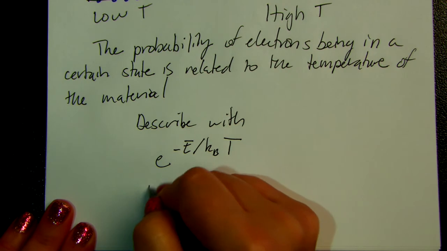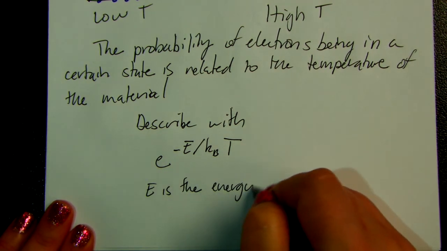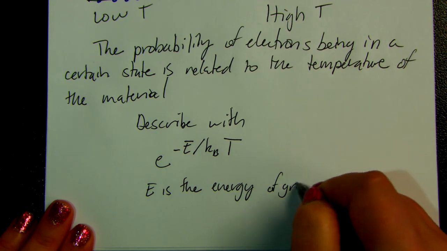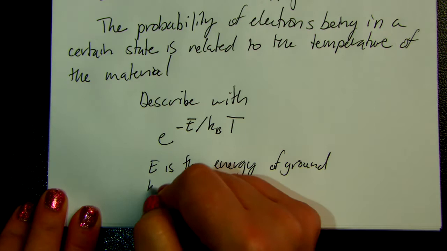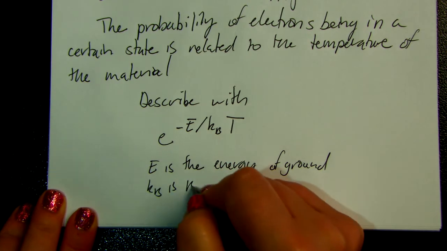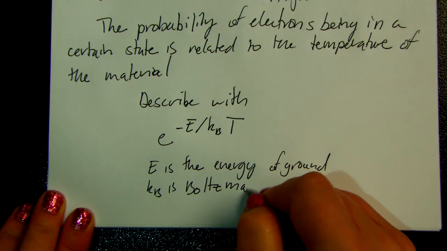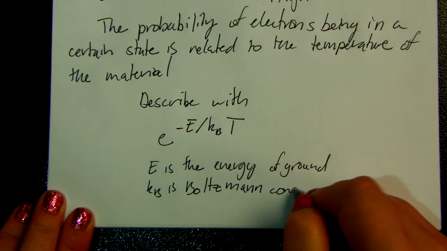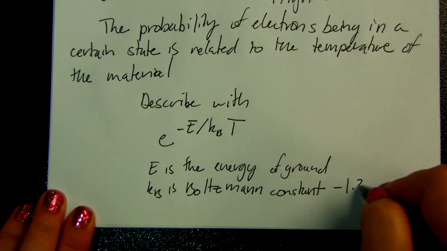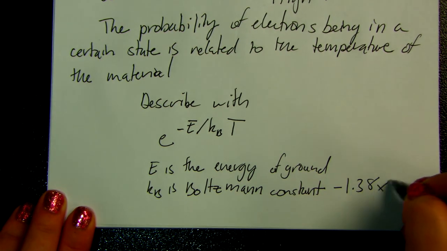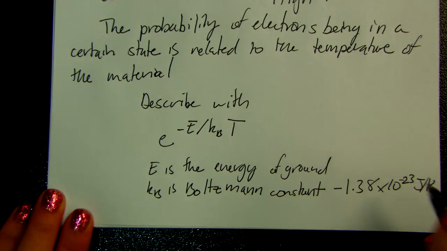E is the energy of the ground state, which as we know is going to vary depending on the object. k sub B is the Boltzmann constant, which is 1.38 times 10 to the minus 23 joules per Kelvin.